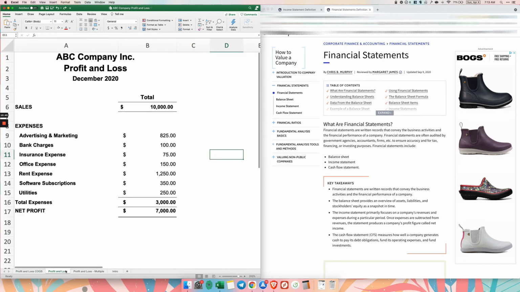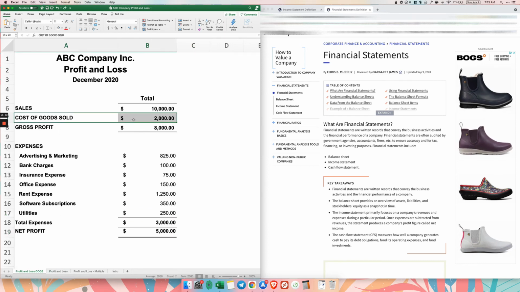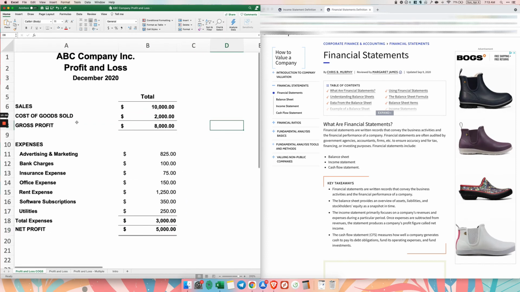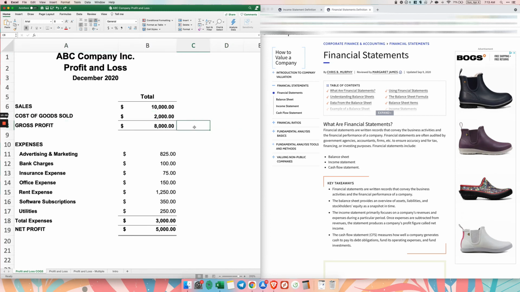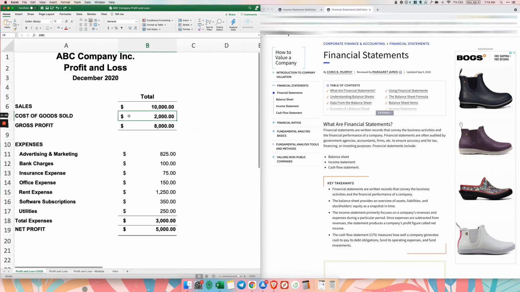But the net profit of the previous one is $7,000. It's because there's a difference of $2,000 of cost of goods sold, which is considered an expense.